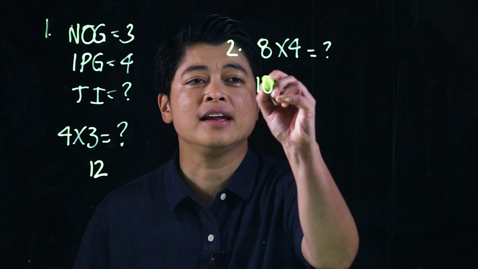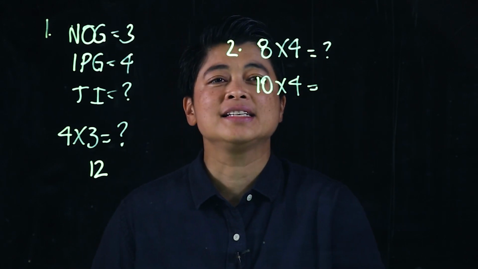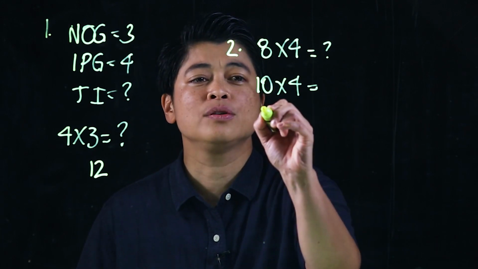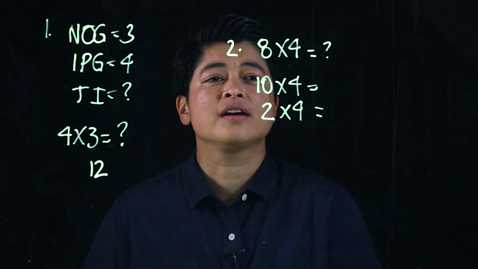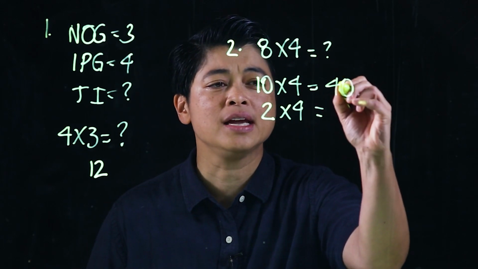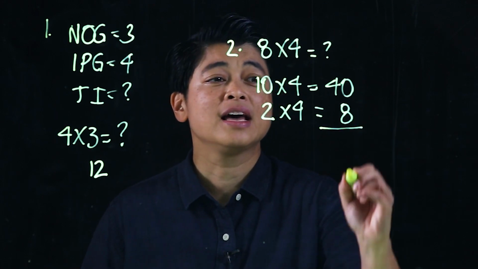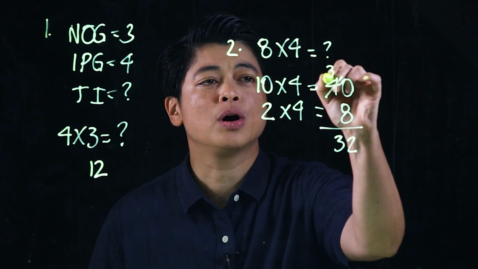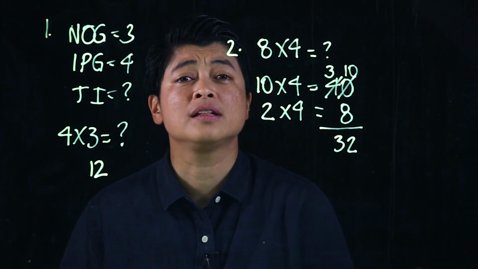So clearly 10 is closest, times 4. And since 10 is 2 more than 8, they want you to remove 2 groups of 4. So therefore, this will be 40 and this will be 8. And when we subtract, we borrow, and that will give us 32.